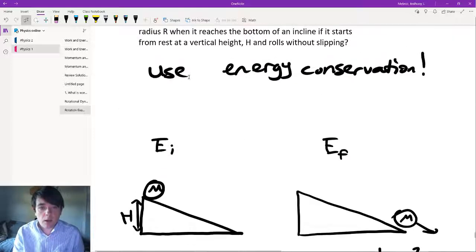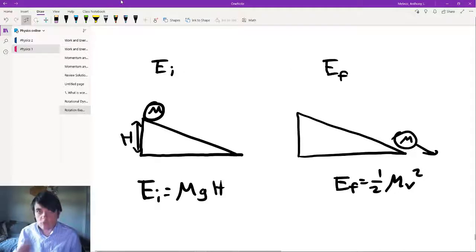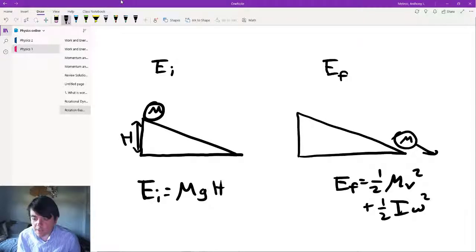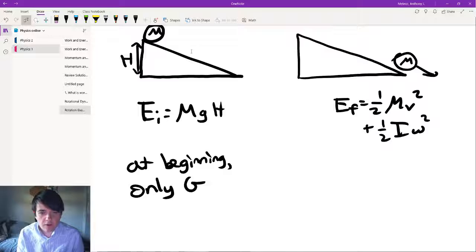But there is one other thing that it now has. It has rolling energy, so it would be plus 1/2 I omega squared. So at the beginning, because it's starting from rest, it has only gravitational potential energy. Now, let me use a different color.